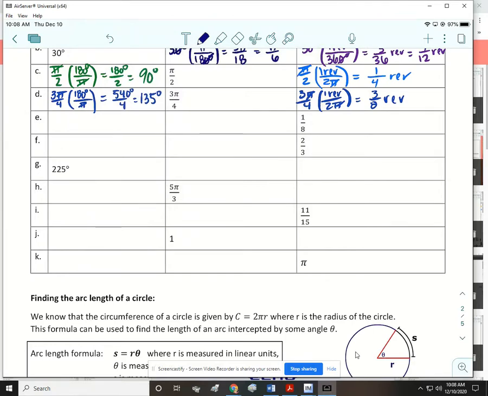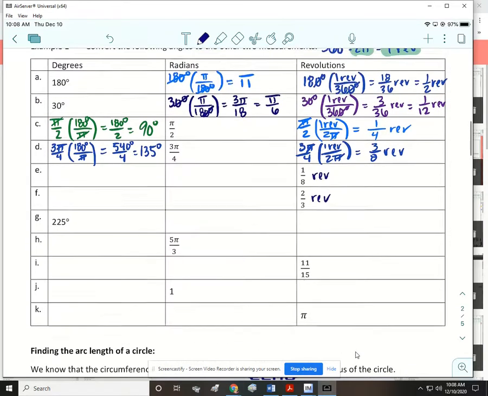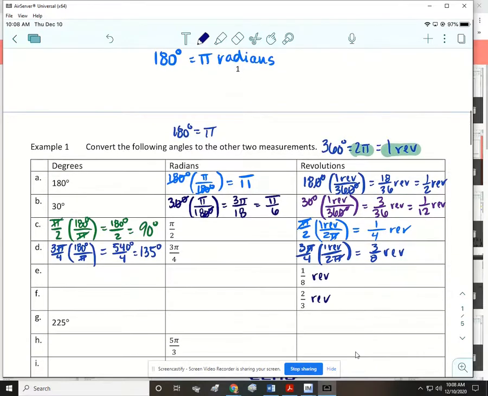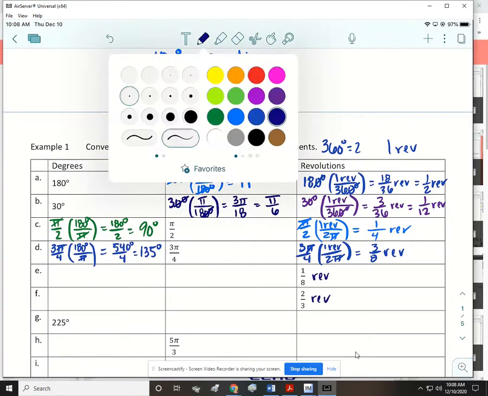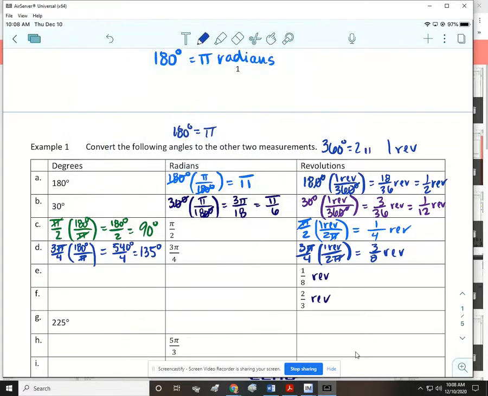Okay, and the last situation is when you have revolutions, even though they didn't write it, it's in the revolution column. And we want to change to degrees and radians. So don't forget that anytime you're using this last column, you have to use the 360 and the 2 pi.